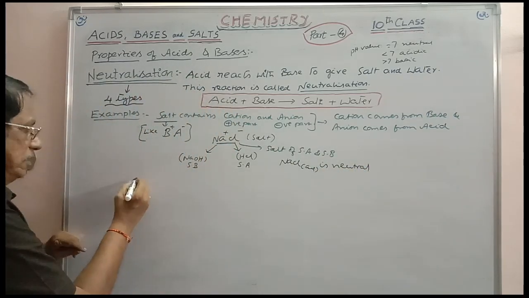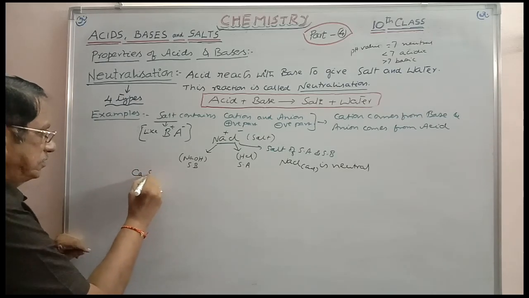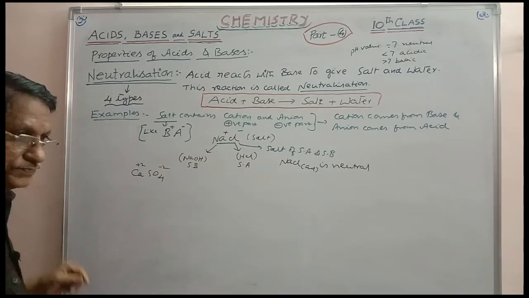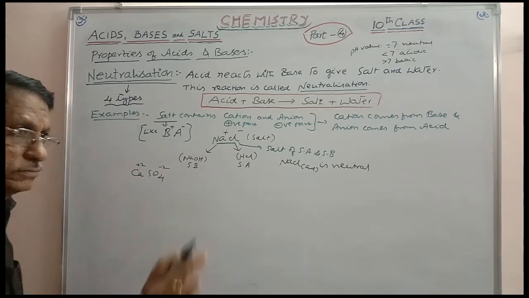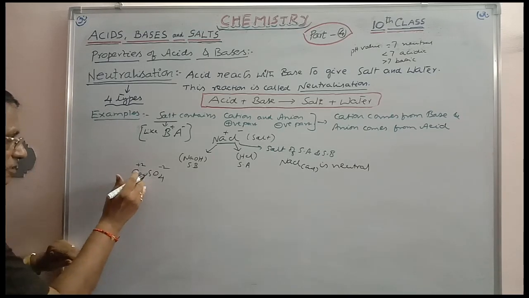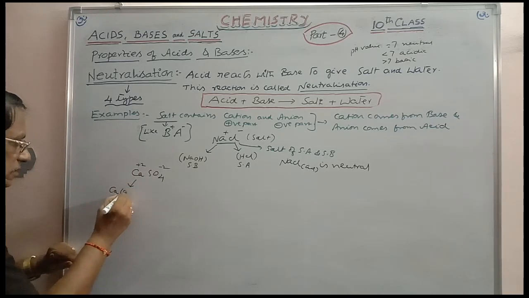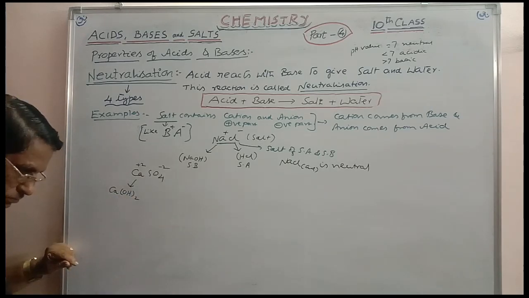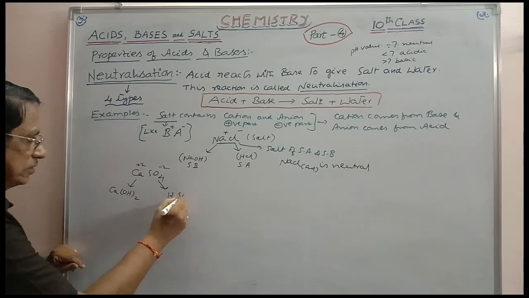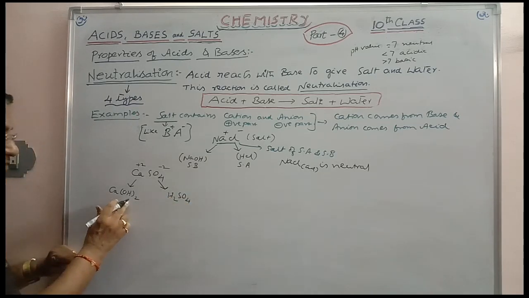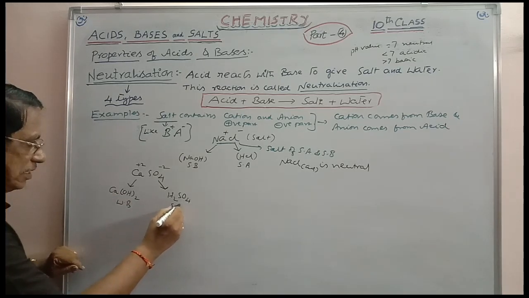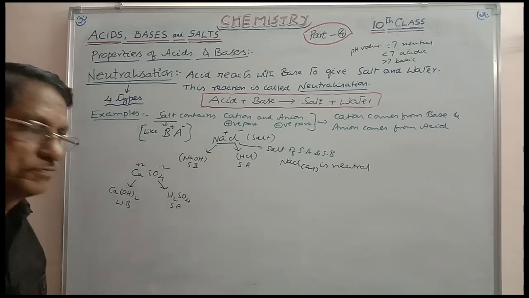Similarly, you can take here calcium sulfate, Ca2+ and SO4 2-. You can imagine the calcium cation obtained from calcium hydroxide, and the sulfate ion obtained from sulfuric acid, H2SO4. Calcium hydroxide is a weak base and this is a strong acid, right?